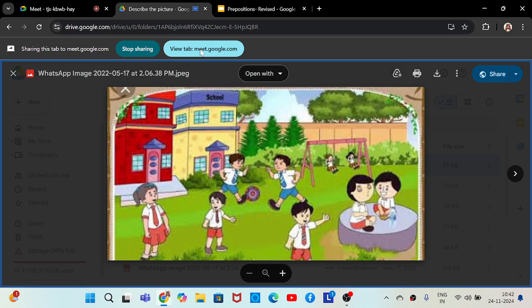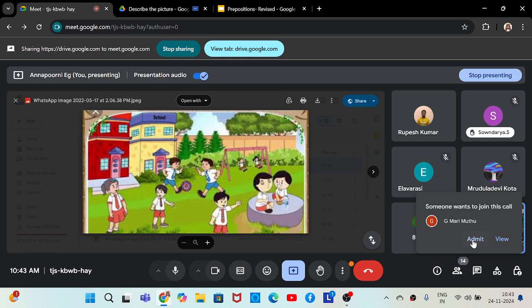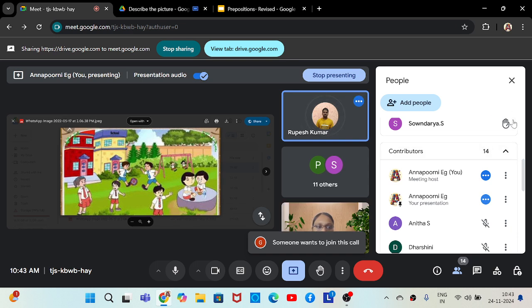There are schools together. I think 7 children are from the red school and two boys are from the blue school. There is a ground in front of the school.